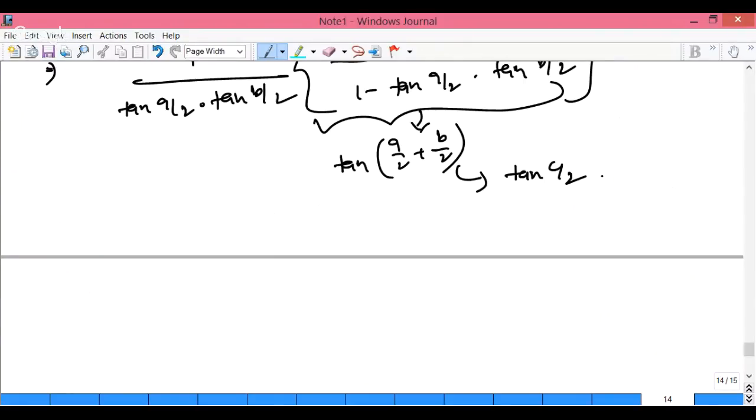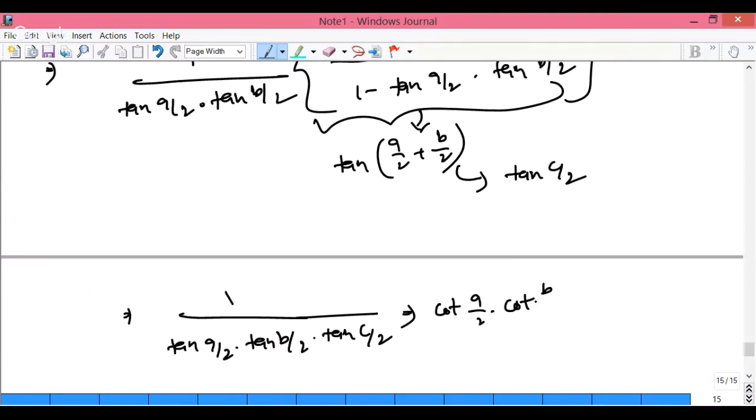Now write the overall equation: 1 by tan A by 2 tan B by 2 into tan C by 2. You can write this as cot A by 2 into cot B by 2 into cot C by 2. That will be your answer, option D.